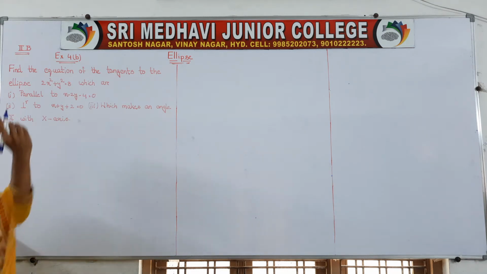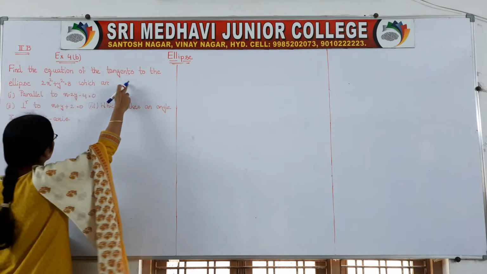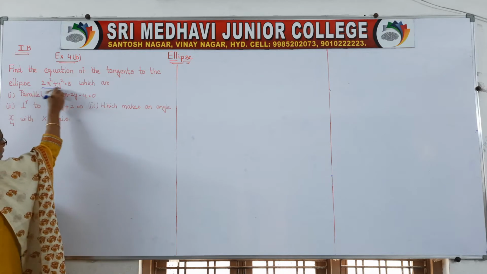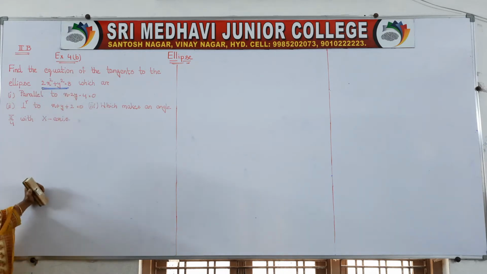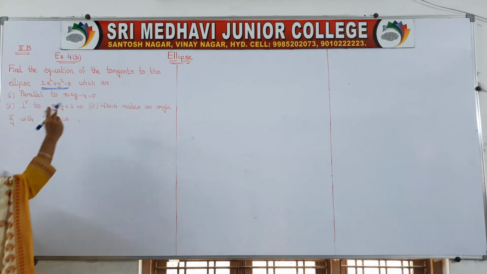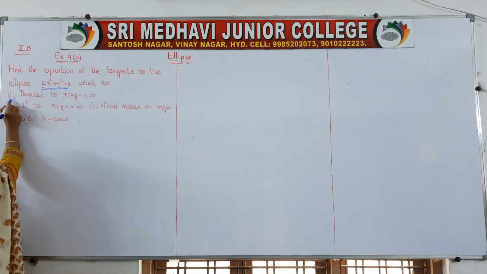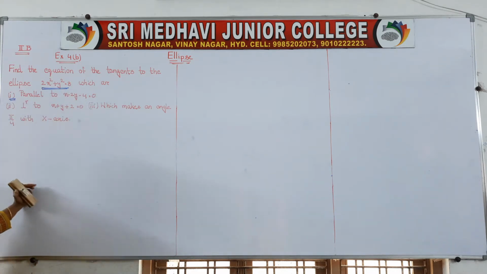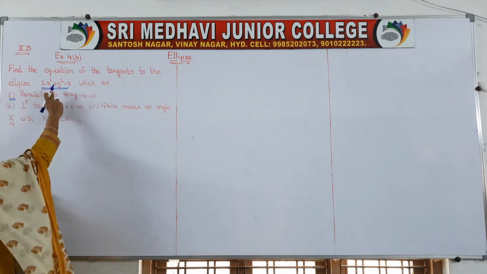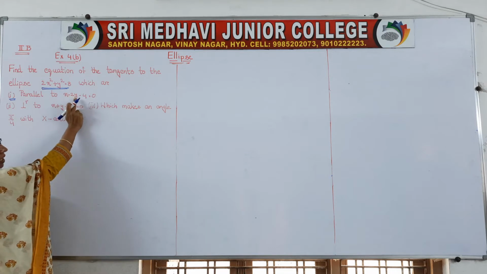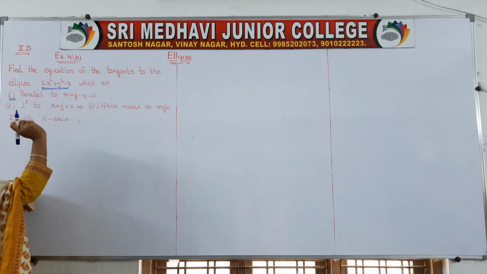So find the equation of the tangents to the ellipse. One ellipse equation is given to you. Here three conditions are given to us. First one, parallel to this line. So we have to find the equation of the tangent to this ellipse parallel to this line, that is the first question.